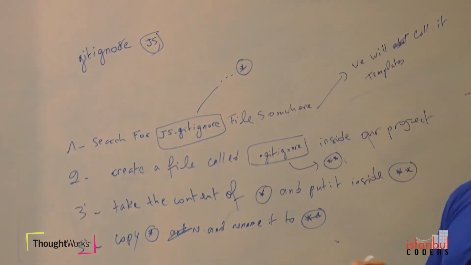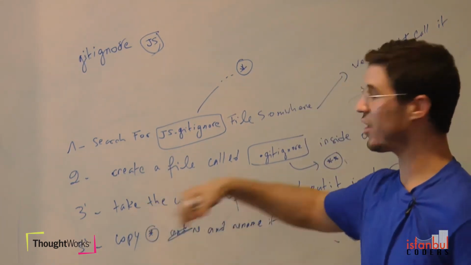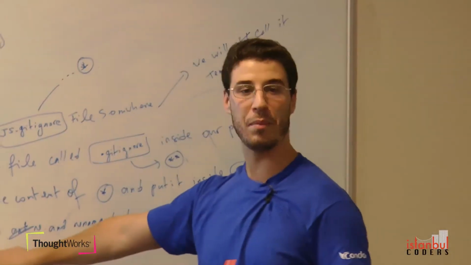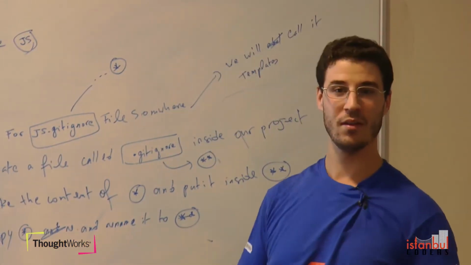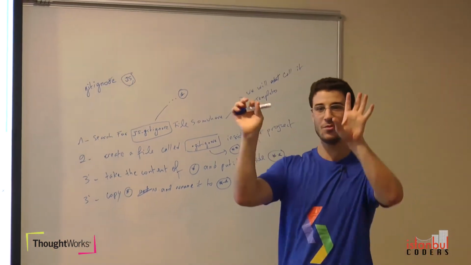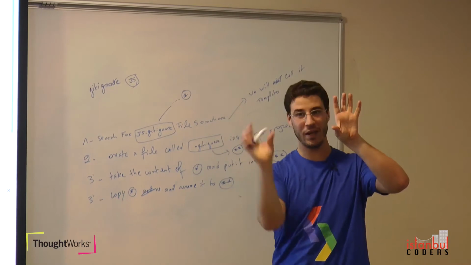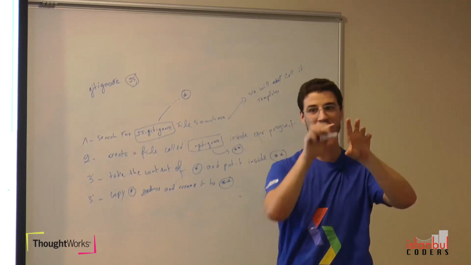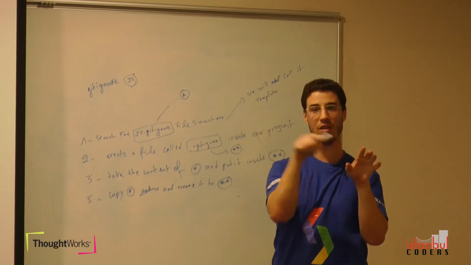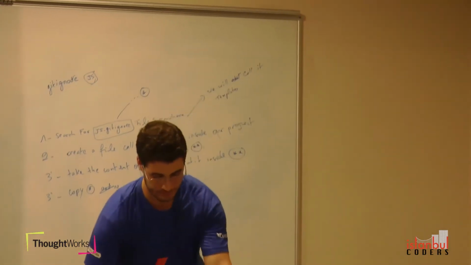Which is the easy solution? Whether we take the content and put it in the second file, or just copy the file and change the name? We just copy the file to our location and change the name. Instead of Java.gitignore, we call it .gitignore. Great.